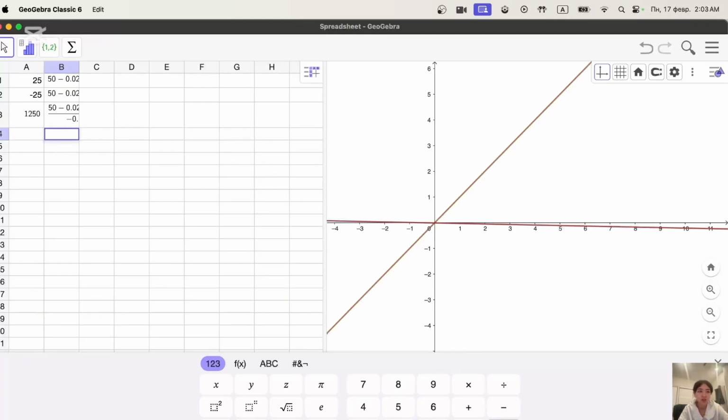This simplifies the equation to x equals 1250. Now we see the solution x equals 1250 remains unchanged.